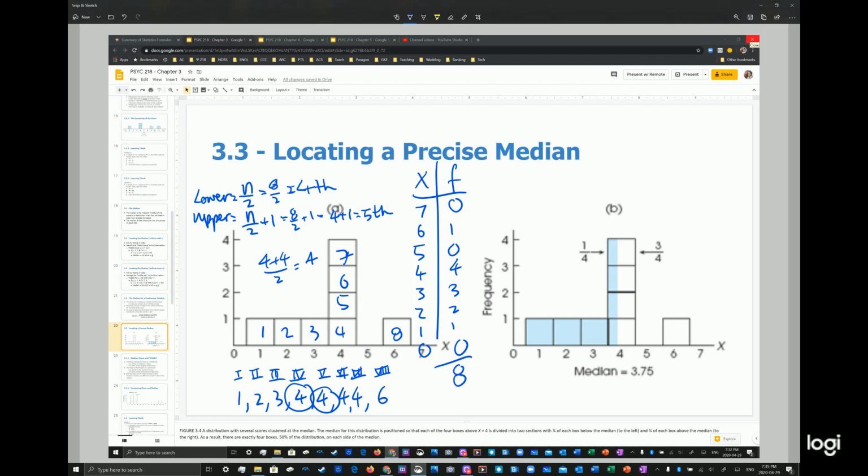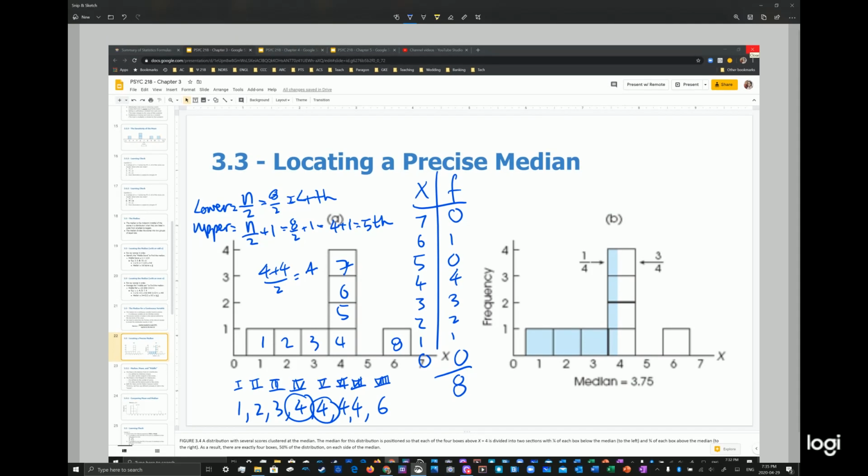So, for example, let's say the scores were not all exactly 4. Remember, it's continuous. So some person could have, and I'll put in the limits first, the number 4 here would have, let's say, 3 and 5. So there is a lower real limit of 3.5 and an upper real limit of 4.5.